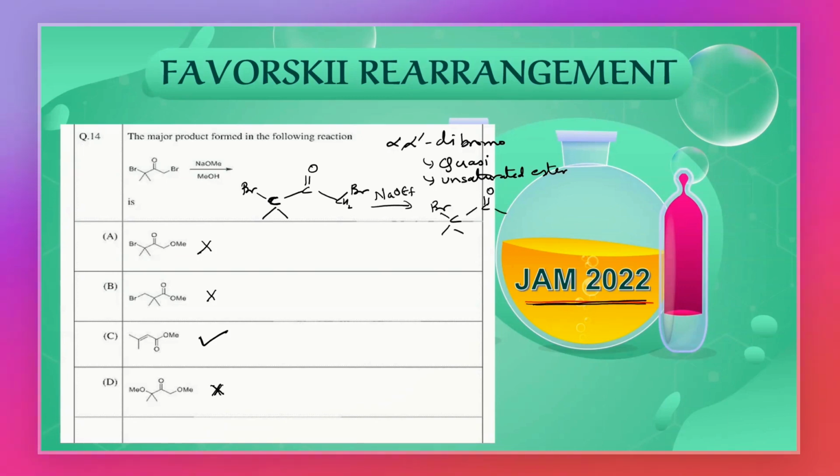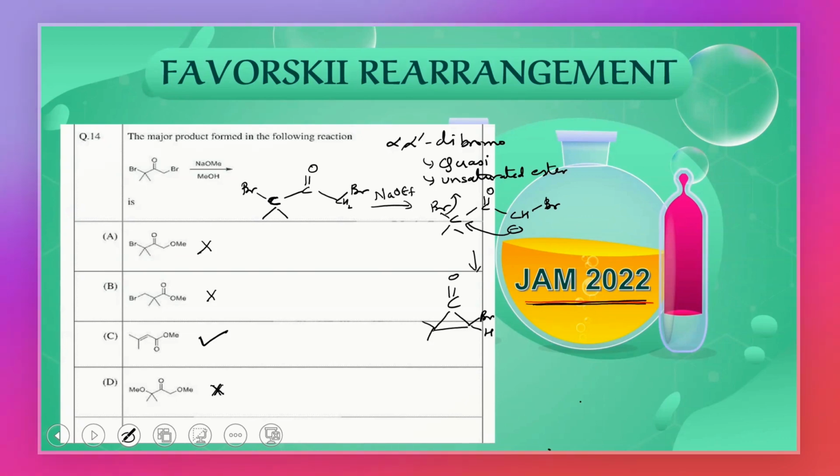See how beautifully they have given the question for you to have clarity in mechanism. So now you'll be having intramolecular nucleophilic attack, relieving the Br. So I'll be having formation of a cyclopropanone intermediate, which is of this kind. So I have a Br here, I have a hydrogen.